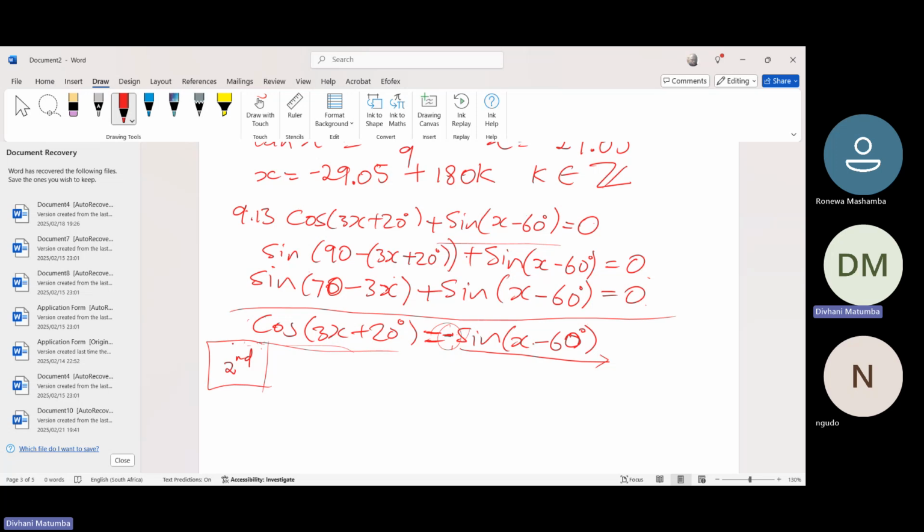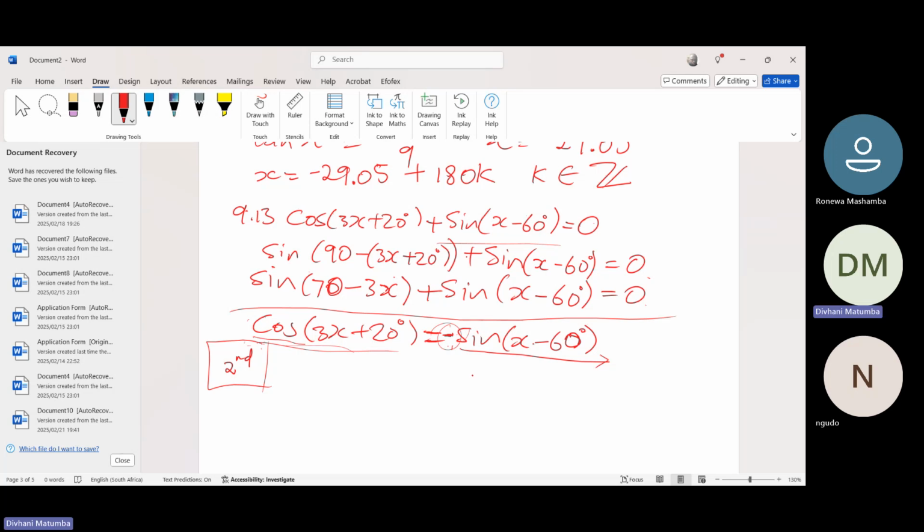Yes, you are right, but at the same time, I want to match the negative, and I want to transform cos into sine. And the only way I could do that is to add or subtract 90 degrees.